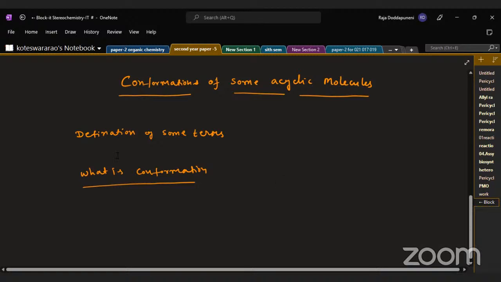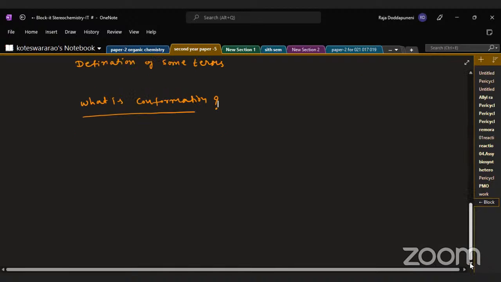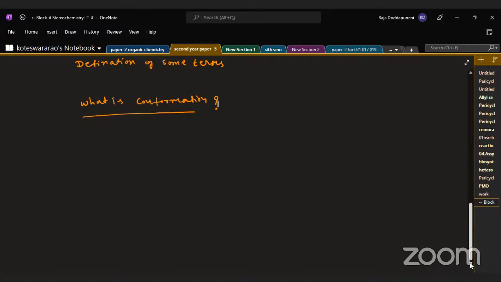Now, this word conformation is not only constrained to acyclic compounds. It also belongs to cyclic molecules. Then what is conformation? Just the isomers which are generated due to the rotation of one or more single bonds present in the molecule.